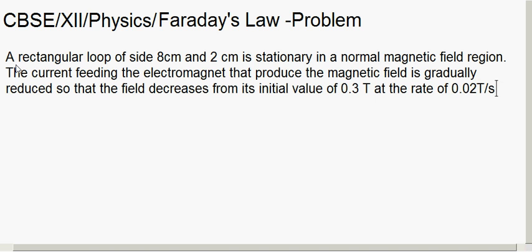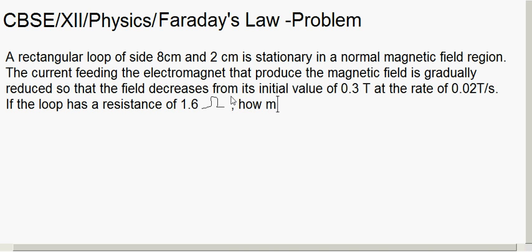If the loop has a resistance of 1.6 ohm, how much power is dissipated by the loop as heat?